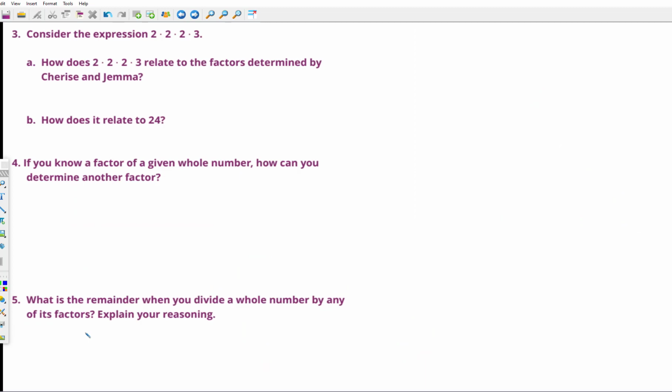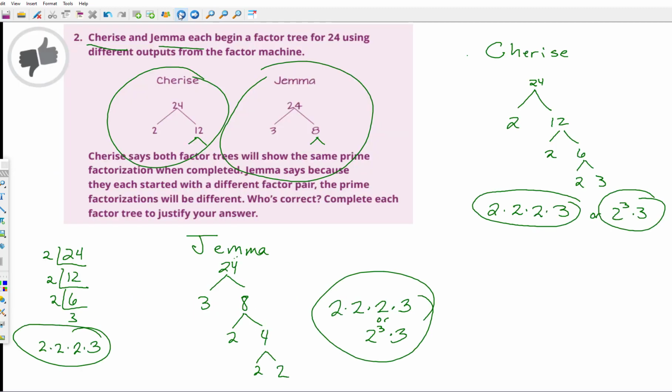So when we consider the expression 2 times 2 times 2 times 3, how do we know those factors? How does that relate to the factors determined by Sharice and Gemma? Well, Sharice, was hers 2 times 12? Yeah.